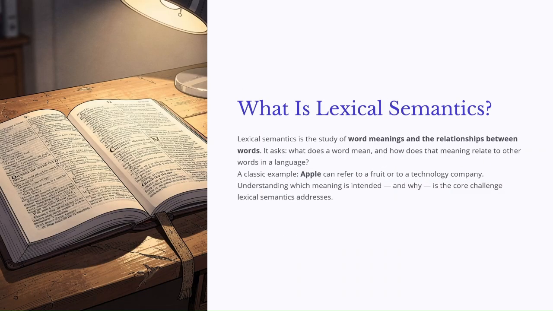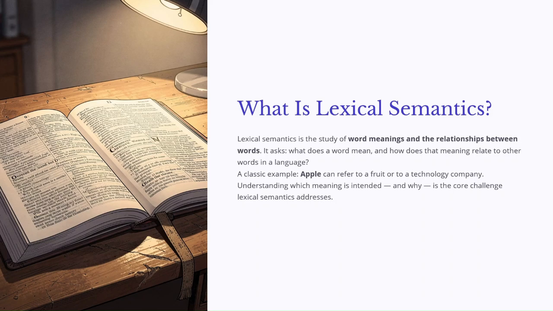So, what is lexical semantics? Lexical semantics is the study of words' meanings and the relationships between words. It asks what a word means and how its meaning relates to other words in the language. A classical example is that apple can refer to a fruit or to a technology company.